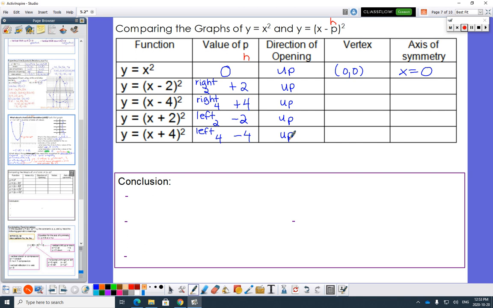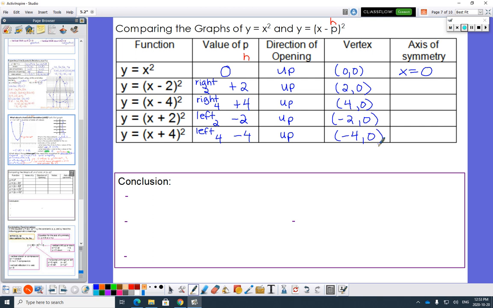So now the x value is going to be different. So right 2 is positive 2. Right 4 is positive 4. Left 2 is negative 2. And left 4 is negative 4.